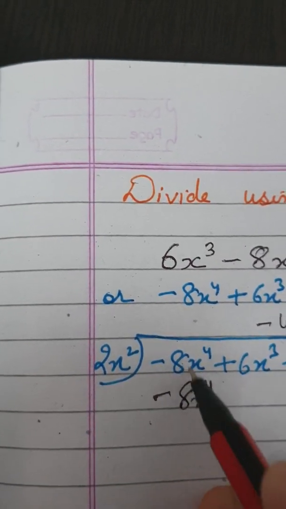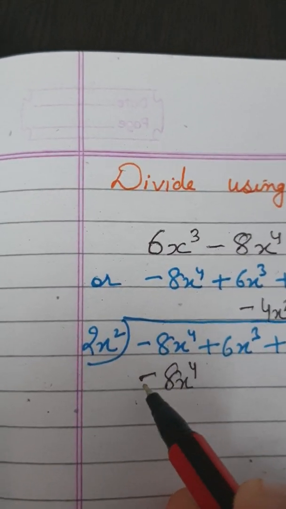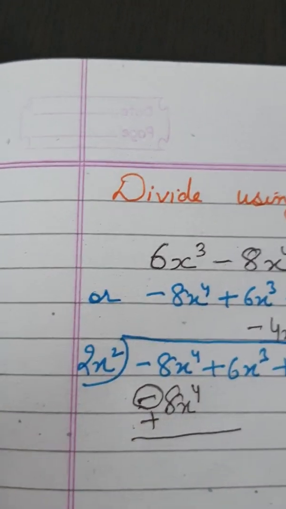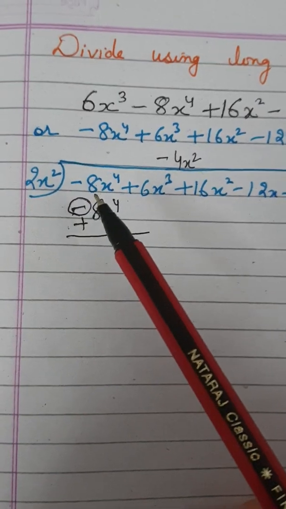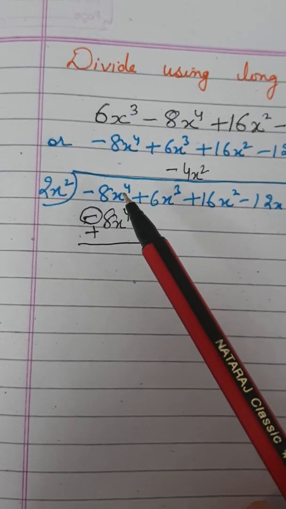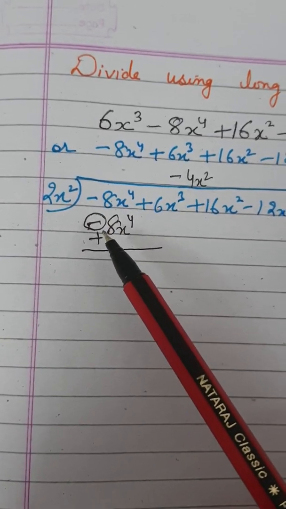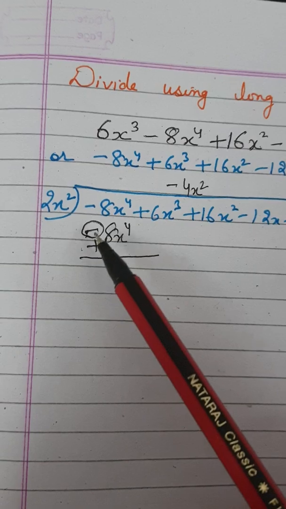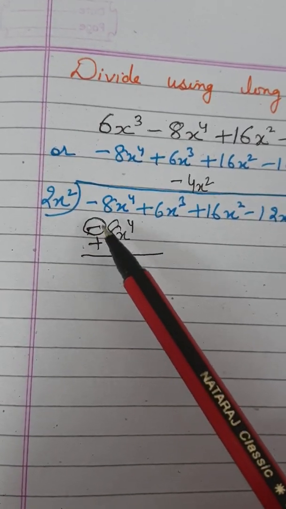Now we have to subtract this. For subtraction, we will change the sign. Generally, when we subtract in normal division, we simply minus. But here, in the case of polynomials, whatever sign is there, for subtraction we will change the sign. If it is negative, we will encircle it.